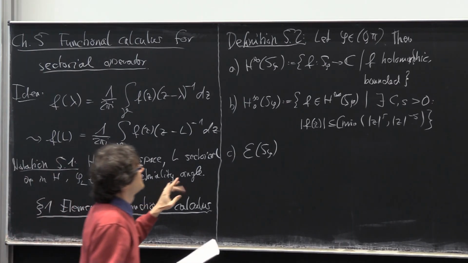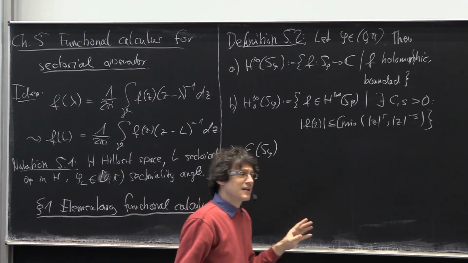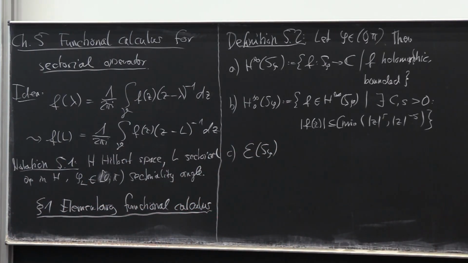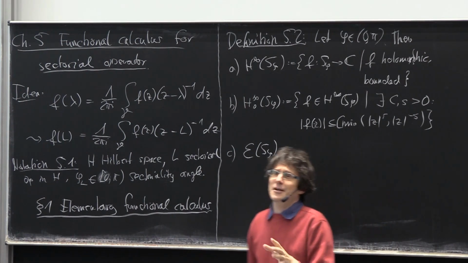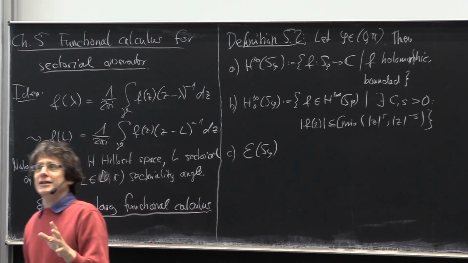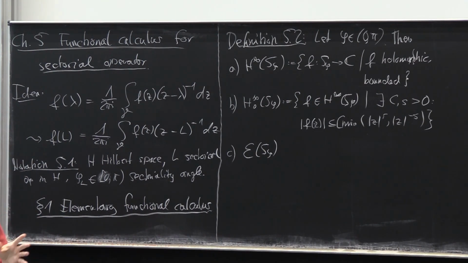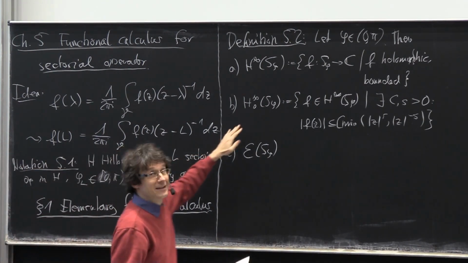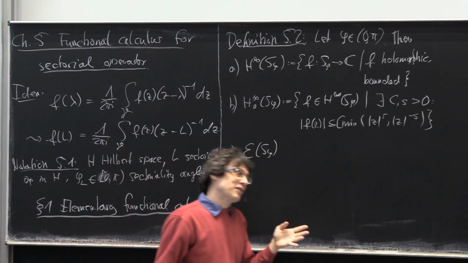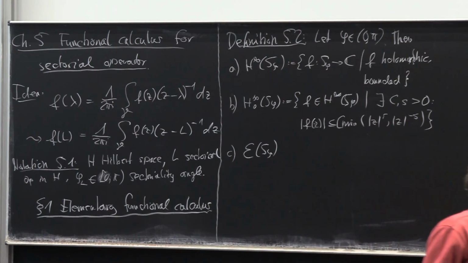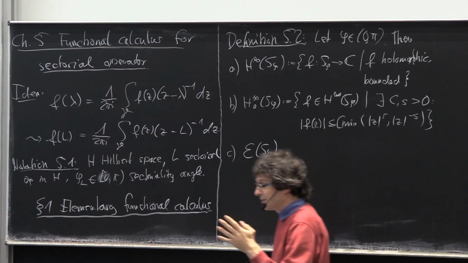And this space is lacking some really important functions that we want to have, and for which it is really easy to say what f of L will be. For instance, the function constant 1 is not included in there, because the function constant 1 doesn't have a decay at 0 and infinity, but 1 of L should be the identity. And another important function that is missing is the resolvent, so 1 over 1 plus z.